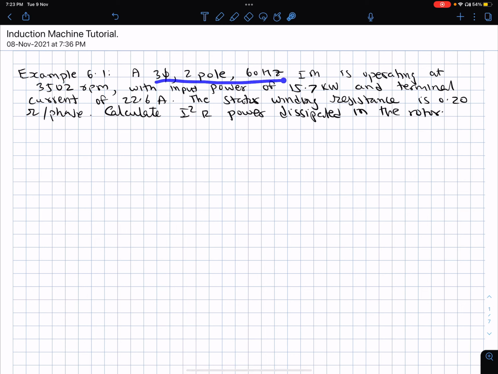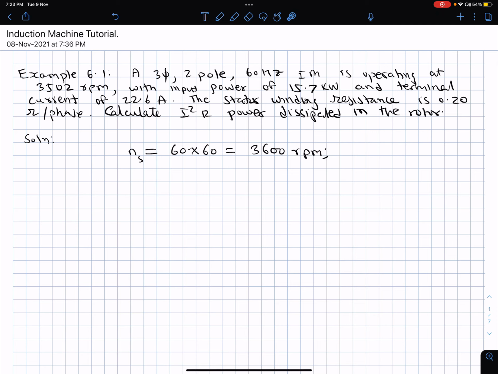A three-phase two-pole 60 Hz induction motor is operating at 3502 rpm. So first of all, if it is a two-pole machine, then we know that the synchronous speed in mechanical radians per second and electrical radians per second are one and the same. That is to say that the synchronous speed in RPM would be 60 revolutions per second, which would be 3600 RPM.